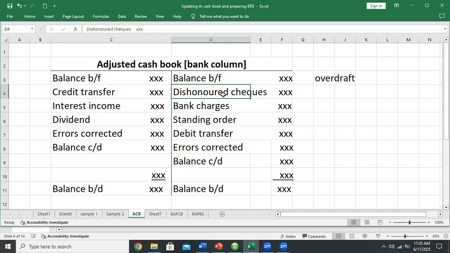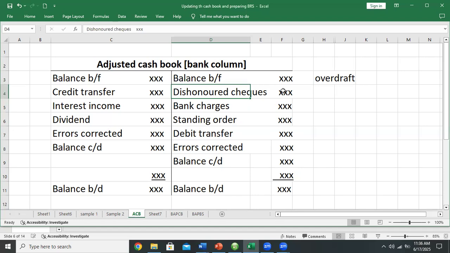Now, for the dishonored check, please listen carefully. I said that a dishonored check is a check you have received from your customer. And professors, when you receive a check from your customer, you debit your cash book bank. Now, if you go to the bank and the bank says, we can't pay because the check has issues, then what you have to do is to come back to your cash book and credit it.